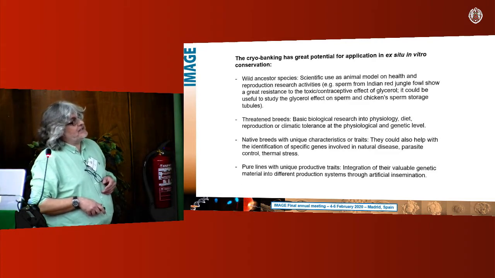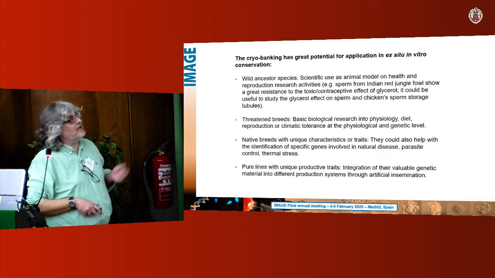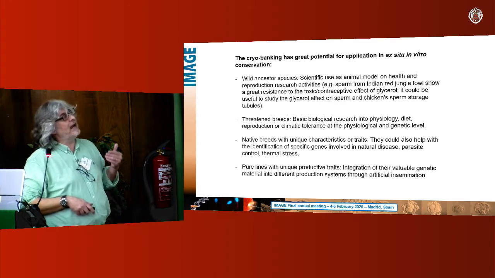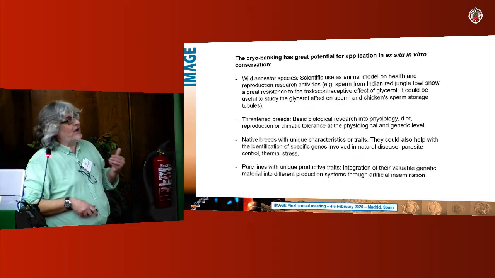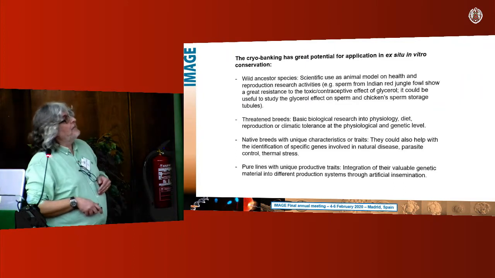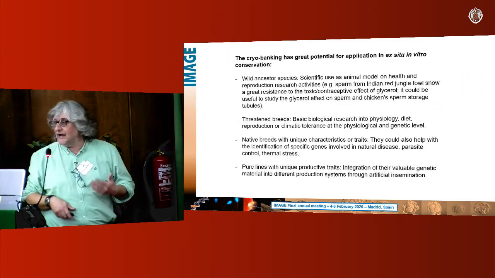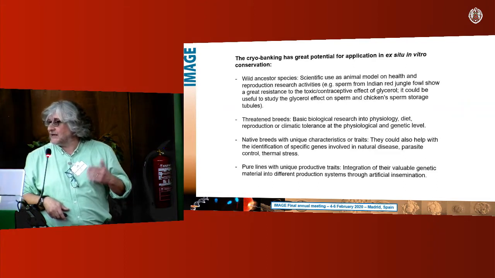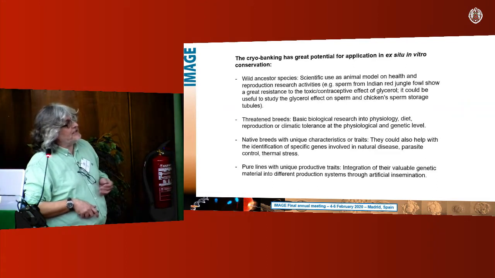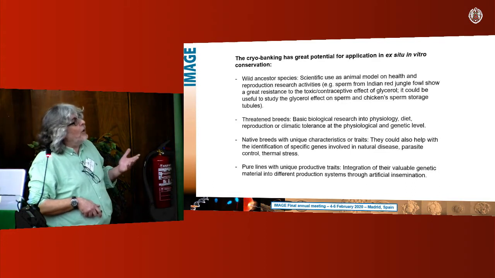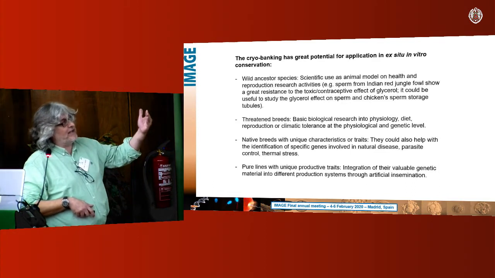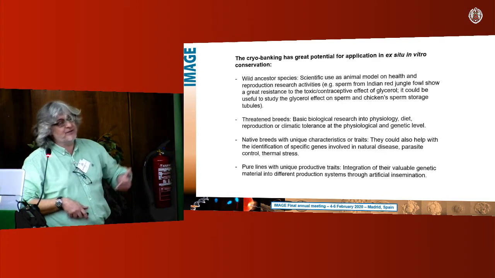One ancestral species can have scientific use as an animal model in health and reproduction research. For example, the Indian red jungle fowl shows a great resistance to the contraceptive effect of glycerol, and we think this may be a useful model to study the cryoprotectant effect on sperm and the sperm storage tubules.